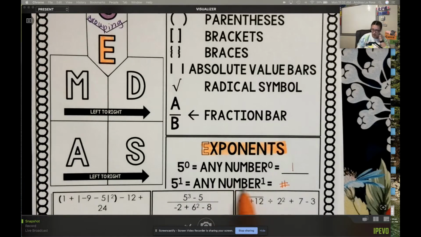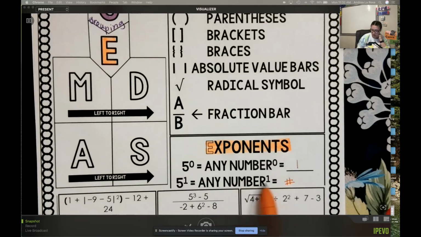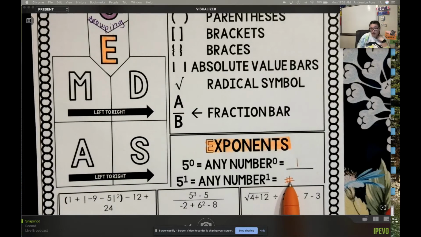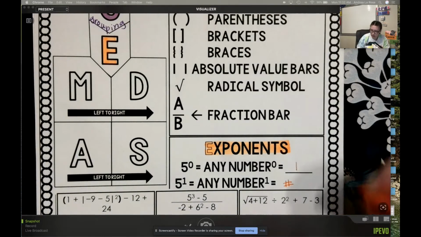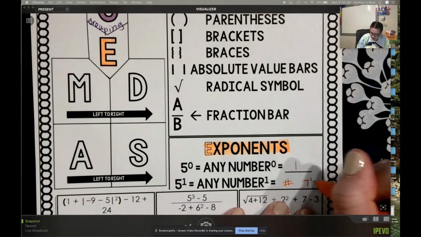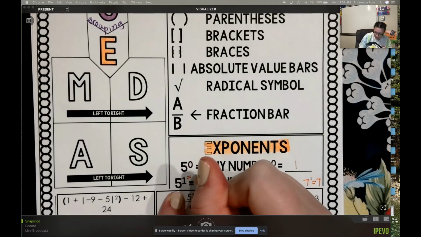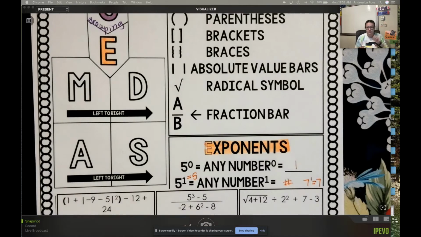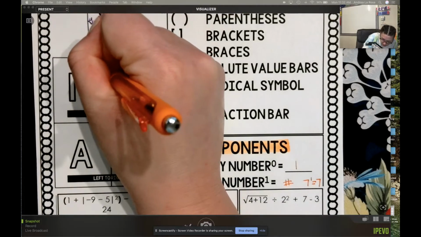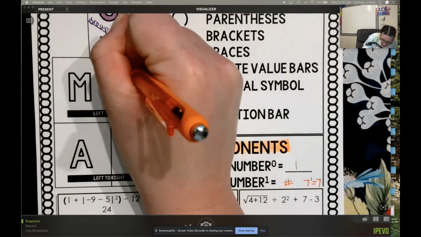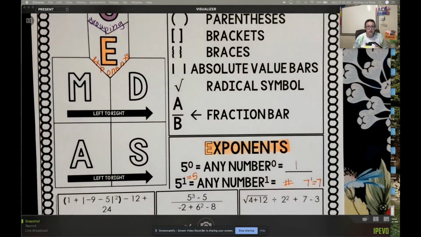Whatever your base is, if the exponent is 1, your answer is going to be that number. Again, those are our exponents.